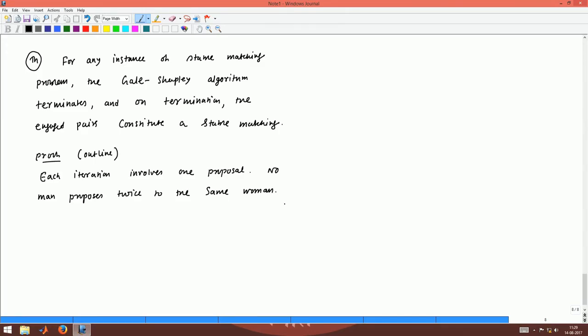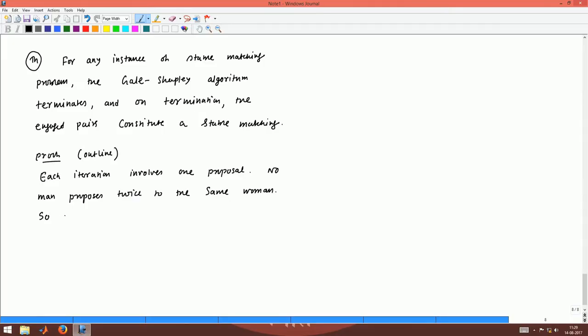This is true because if you look at the definition of W, W is the highest rank woman in M's preference list whom he has not yet proposed to. So, that means no man will propose twice to the same woman.